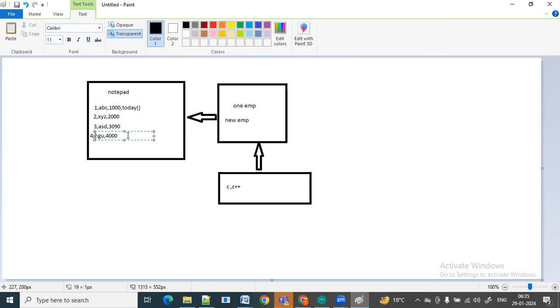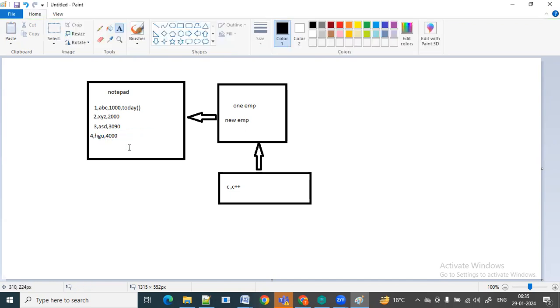The people who know the password will overwrite this 4 with 5, and 4000 with 2000. Can I know that someone replaced those values? Do I know that? No. How can I know that the values are replaced?